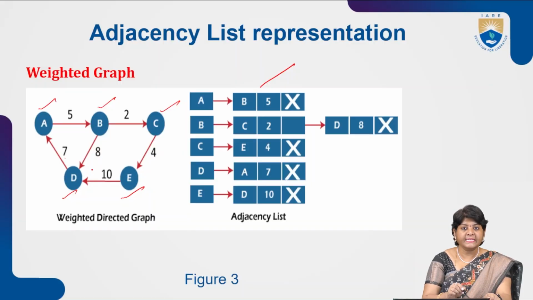And since this is a directed graph, we only need to consider the weight, that is, if from A to B an edge connection is established, then the weight is 5. But from B to A, there is no edge connection. So we should not take the weight for B to A.